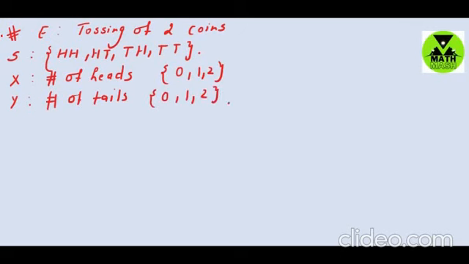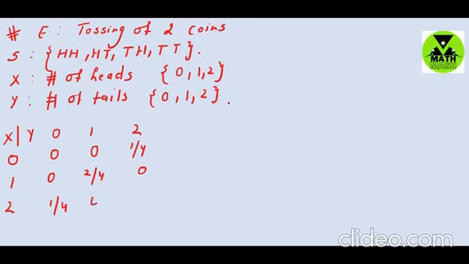So what is the joint probability mass function for this? This is x, this is y. X is taking values 0, 1, 2. Y is taking values 0, 1, 2. Corresponding to this, for x equals 0 and y equals 0, the joint probability mass function we have already discussed in this video. So this is 0, 0, 1 by 4, this is 0, 2 by 4, and 0. This is 1 by 4, 0, and 0.